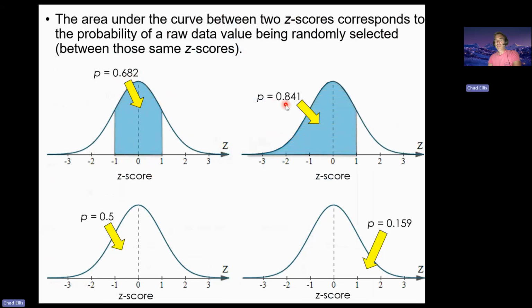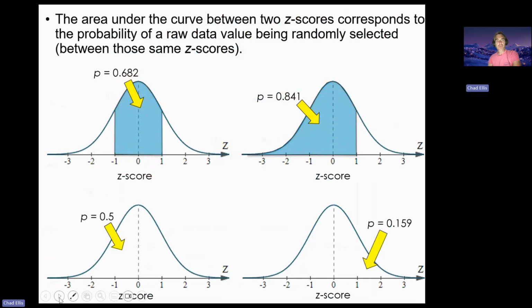Right here, we have a probability of 0.841, going from the left tail all the way to a z-score of +1. So the area from the left side of the curve all the way to 1 standard deviation covers 0.841, or 84.1%, of the area underneath that curve.